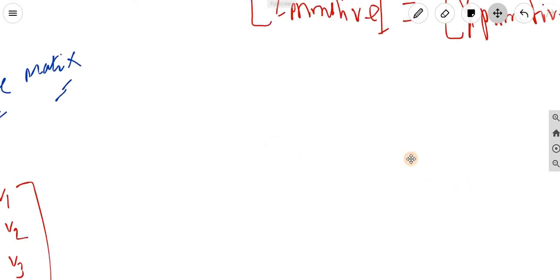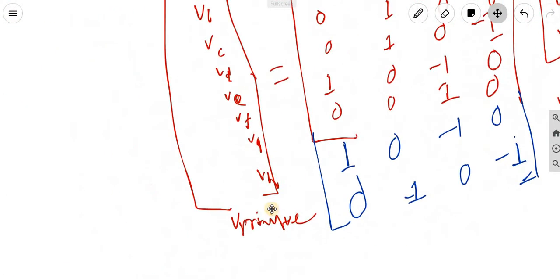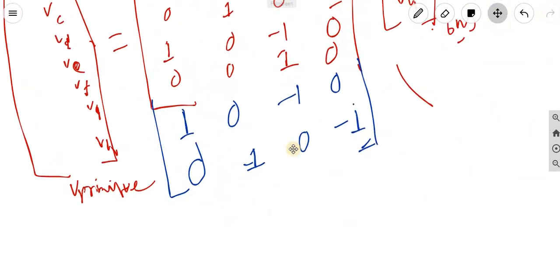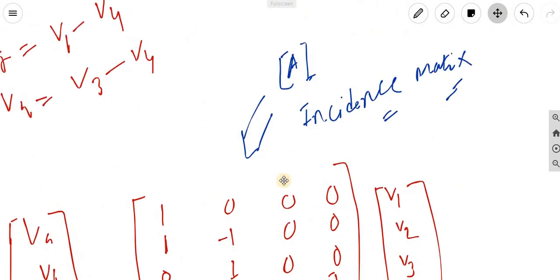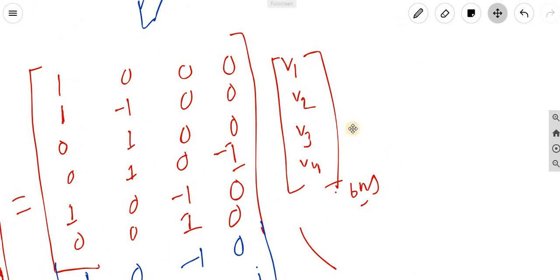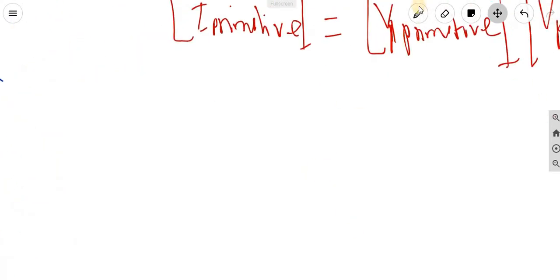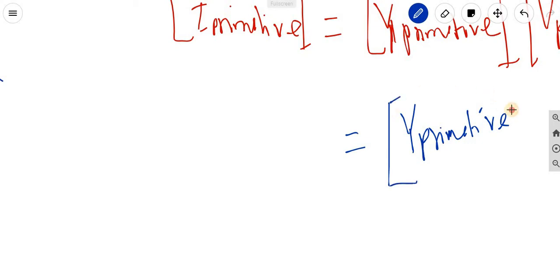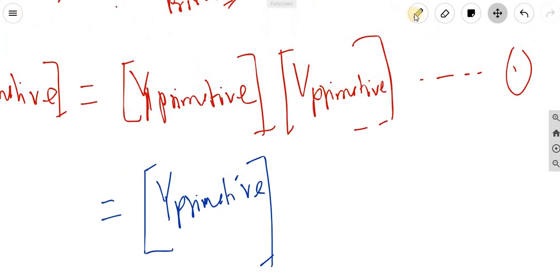Okay, so with this, if it is E primitive, we can replace this with the matrix A. So if it is A matrix and it is Ybus, what we could put ultimately is I primitive equals Y primitive times, in place of E primitive, the matrix A, what we just considered.